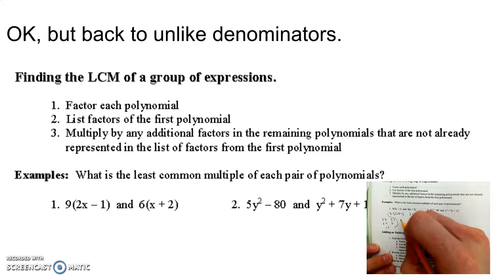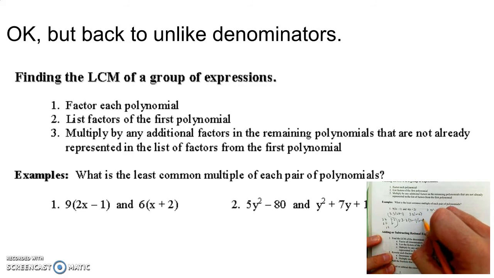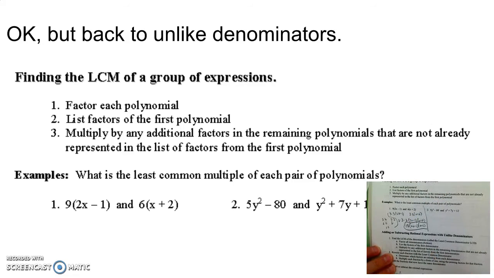Similar type thing is going to happen here. We have 2 copies of 3. We have 1 copy of 2. We have a 2x minus 1 and x plus 2. So 3 times 3 times 2 is 18 times 2x minus 1 times x plus 2. That would be our least common multiple of these two expressions.